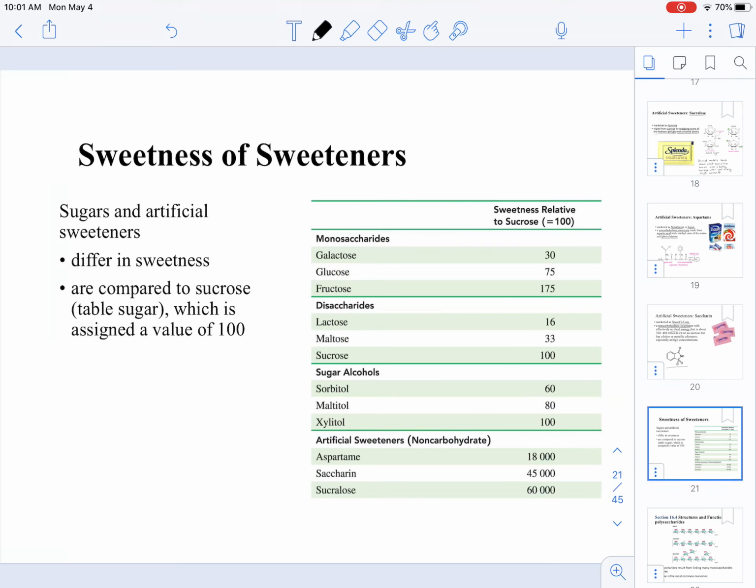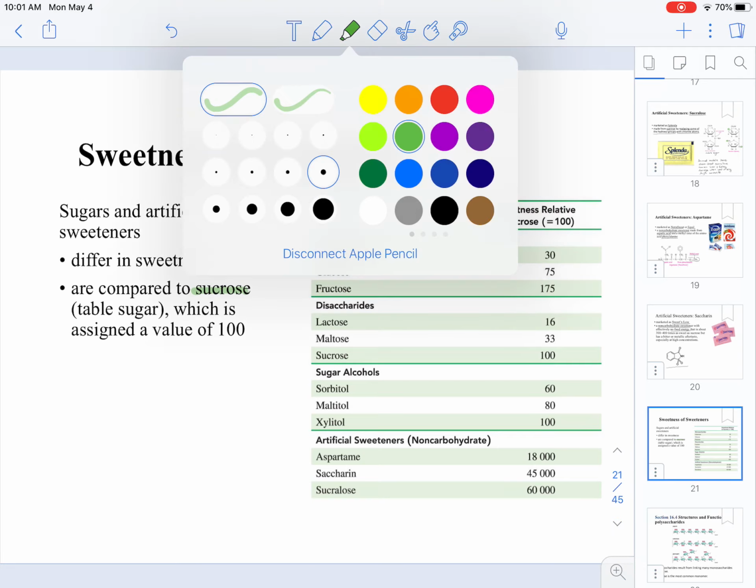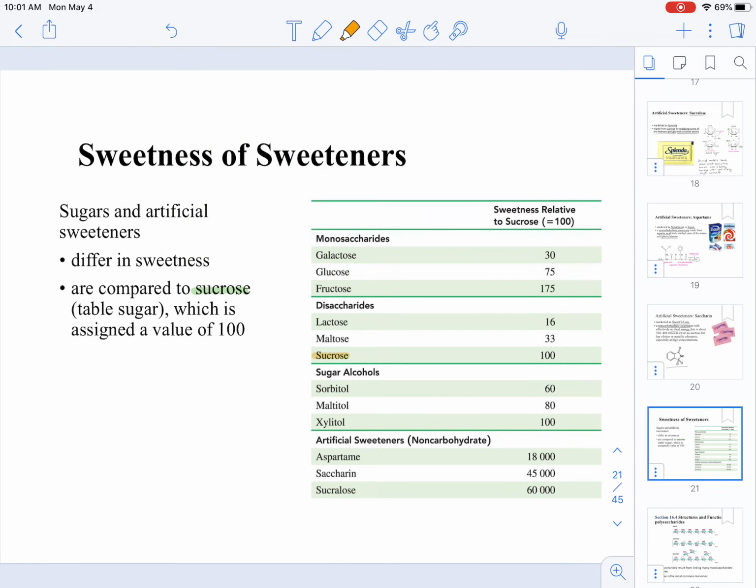So, how sweet is sweet? I just wanted to illustrate a table which I have taken from a different textbook, in which in this experiment, particular monosaccharides or even disaccharides were given a sweetness level. So remember, we are going to be comparing everything to sucrose. Sucrose is going to have a value of 100, and we are going to compare everything relative to this.